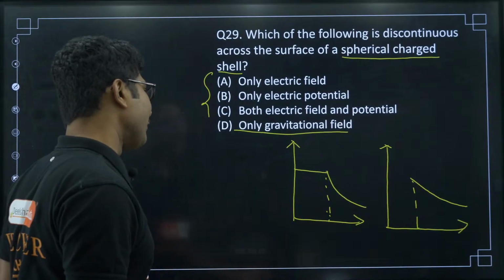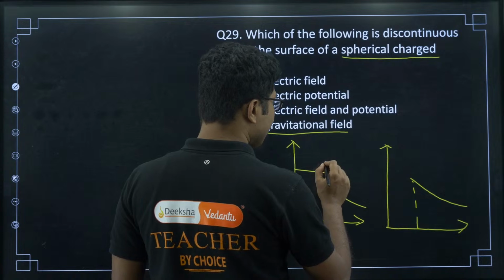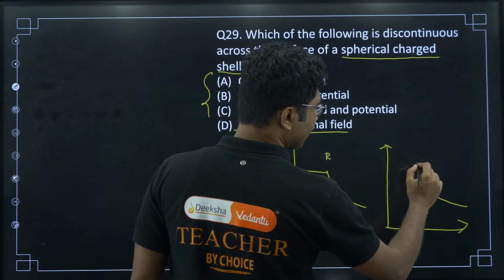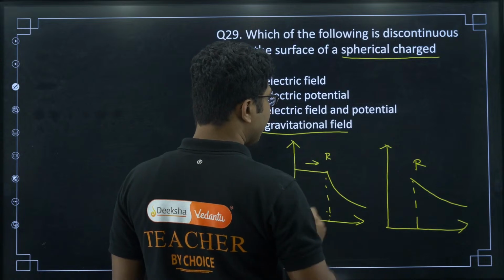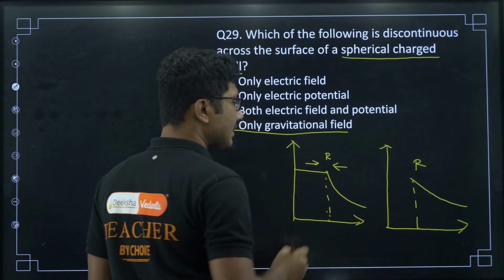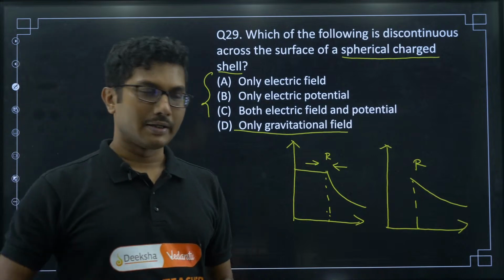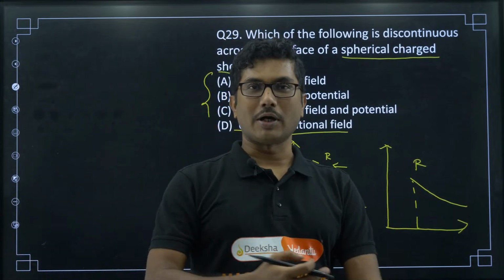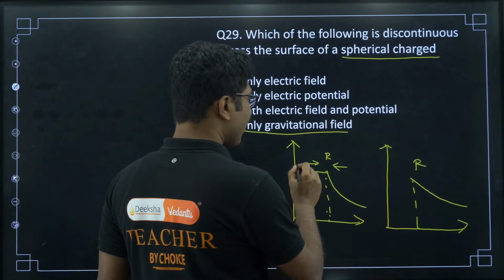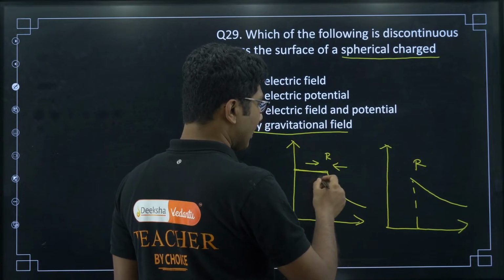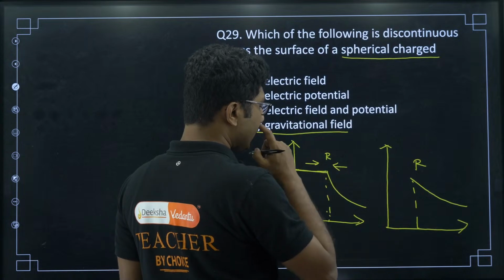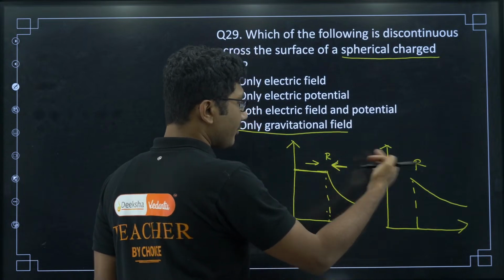What is the meaning of continuity? Continuity means, suppose this is the surface with radius R. Whatever value you get when you approach from this side, you get the same value if you come from the other side, the limit. If you have learned continuity in mathematics, whatever value you get traveling along the curve from this side, the same value you get from the other side.